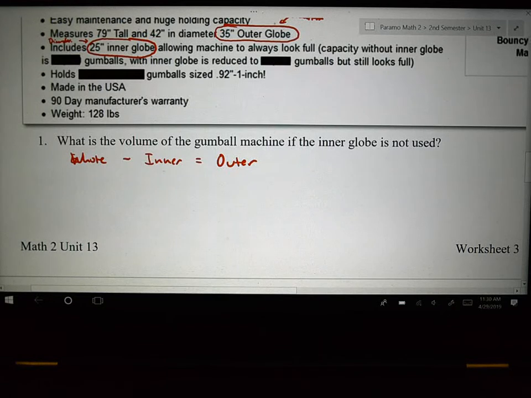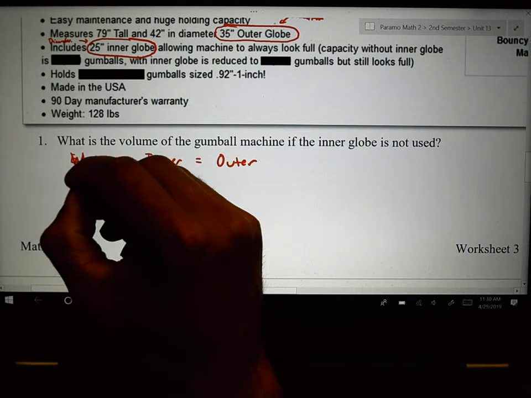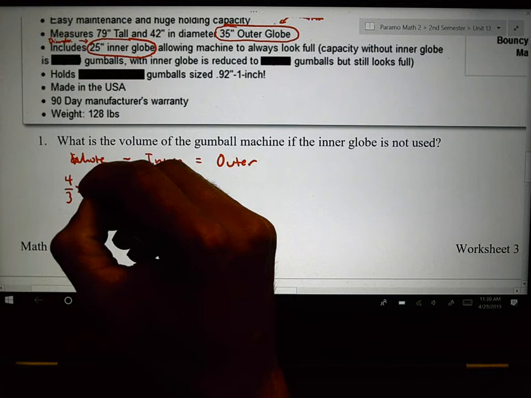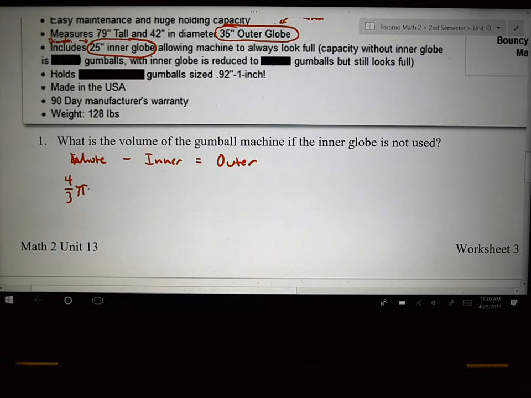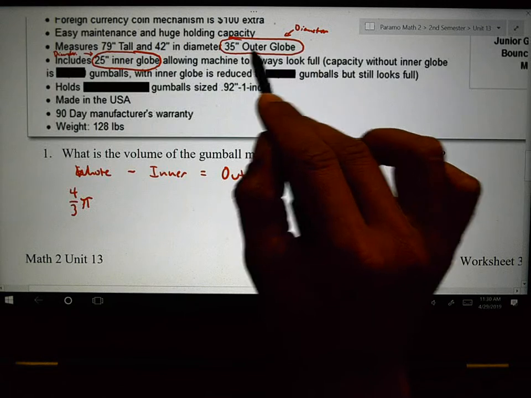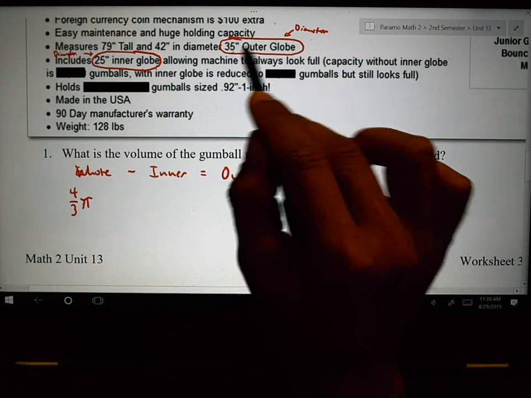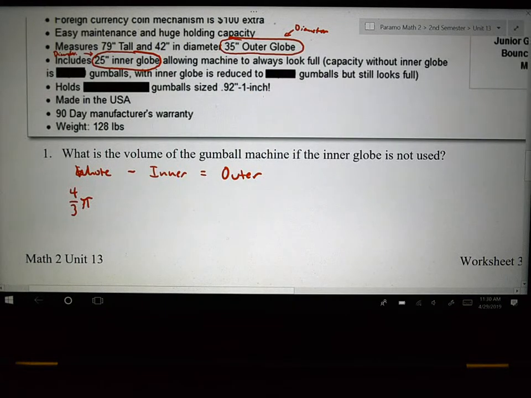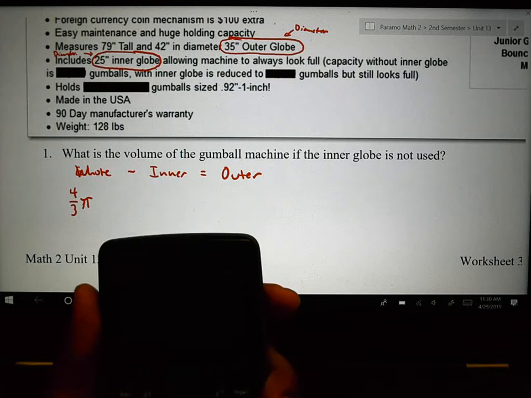So let me think about how that would look. If I want to know what the volume of everything is as far as a globe, we're going to use the sphere formula: 4/3 times pi times the radius cubed. The problem with that is that 35 inches is a diameter, it's not the radius. So we need half of 35. Sometimes I use my calculator for that.